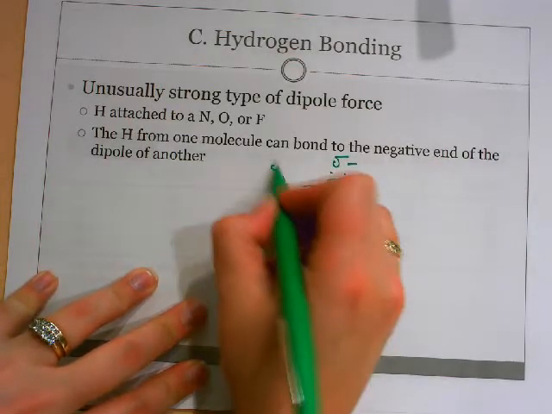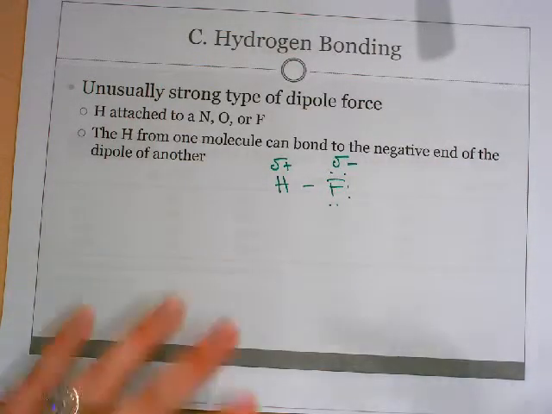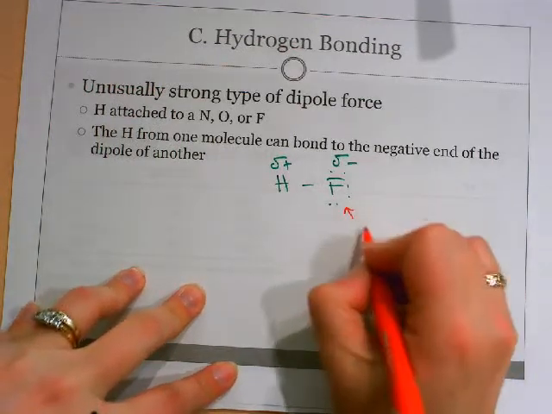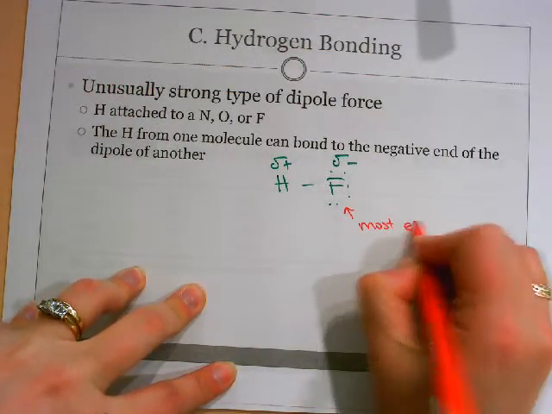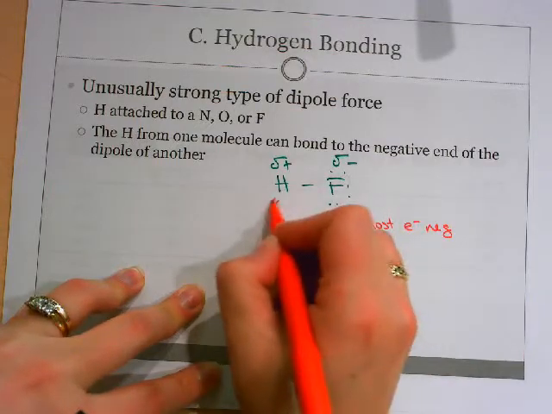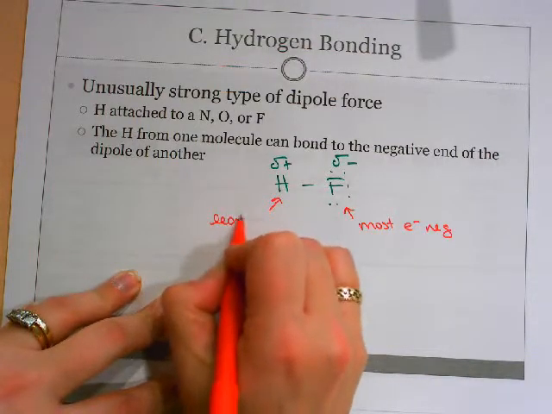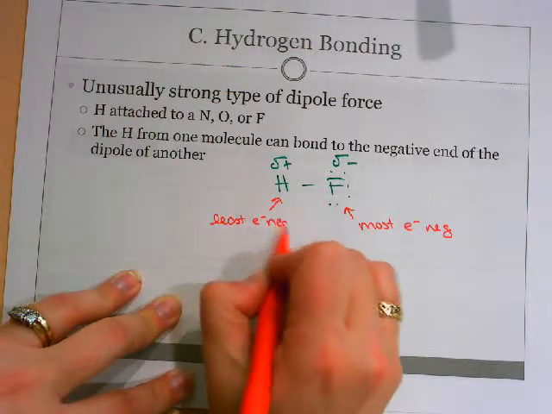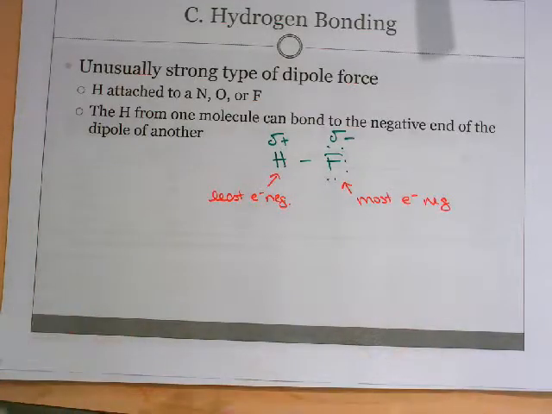that's definitely going to be negative. Fluorine. I abbreviate electron as e with a little minus sign. So H is the least electronegative atom on the periodic table.